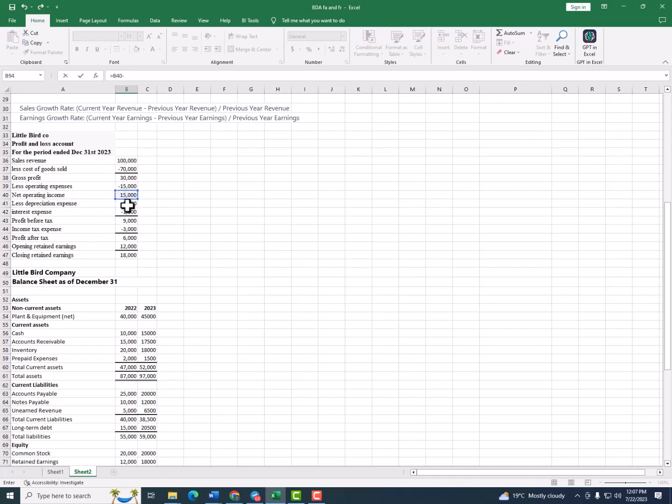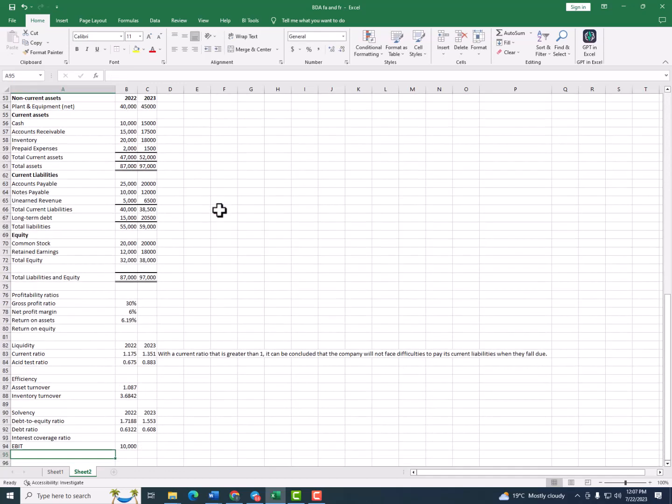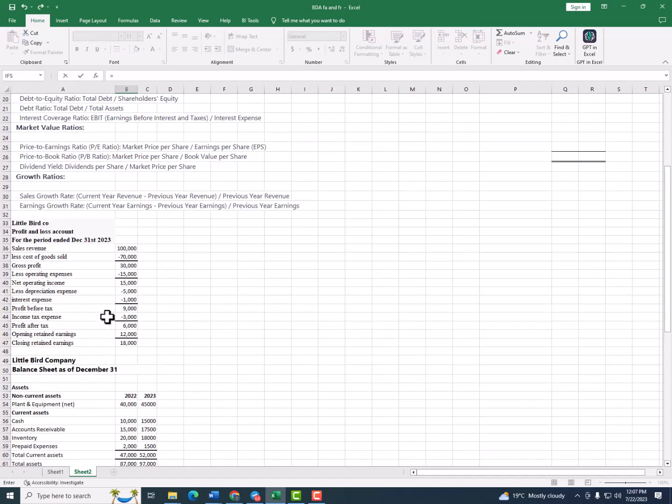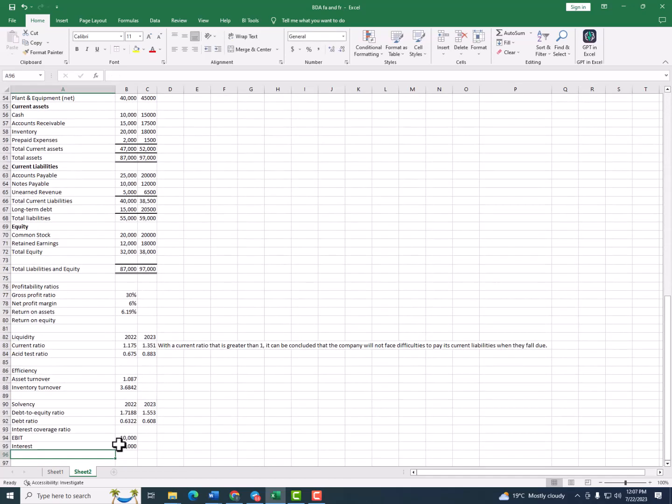Here we say plus because it is in negative. Now that is the earnings before interest and tax. The interest, we already have it. Let us just bring it up. Interest here, we have it as 1,000. So we say minus this figure to get that.